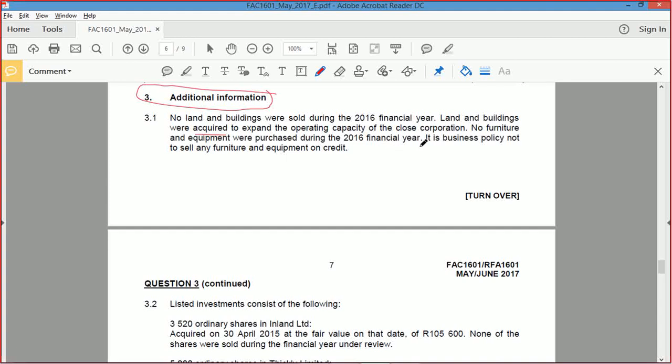Outflow. Yes. No furniture and equipment was purchased during the year. It's business policy not to sell any furniture and equipment on credit. So you can see here that you didn't buy any furniture and equipment, and you didn't sell any furniture and equipment. Do you agree? Yes, I do agree. The only thing that happened here was buying land and buildings.